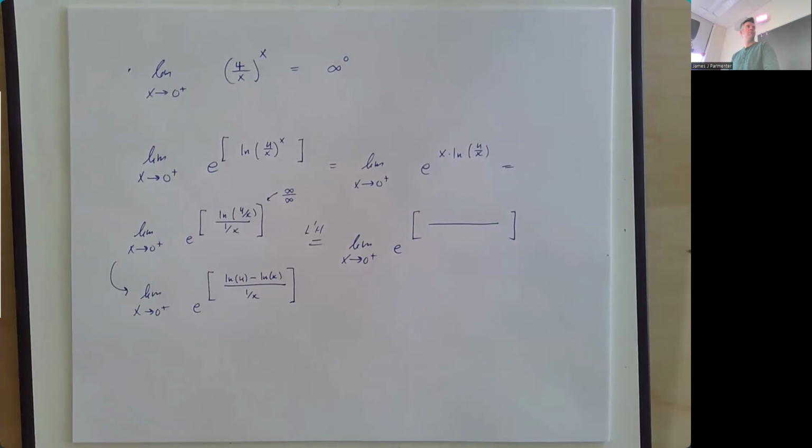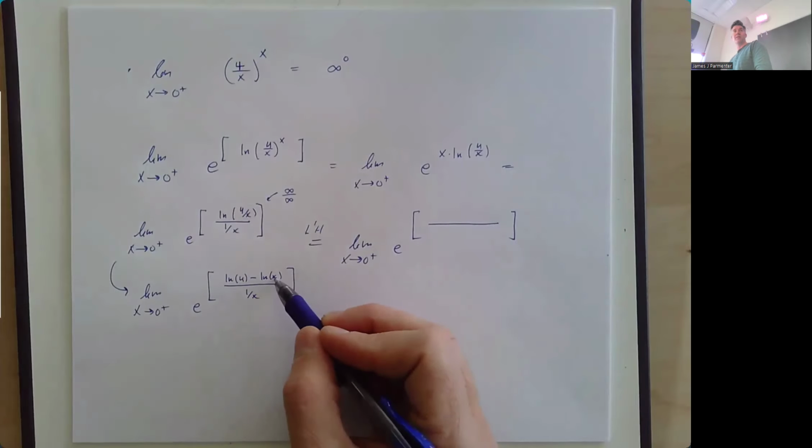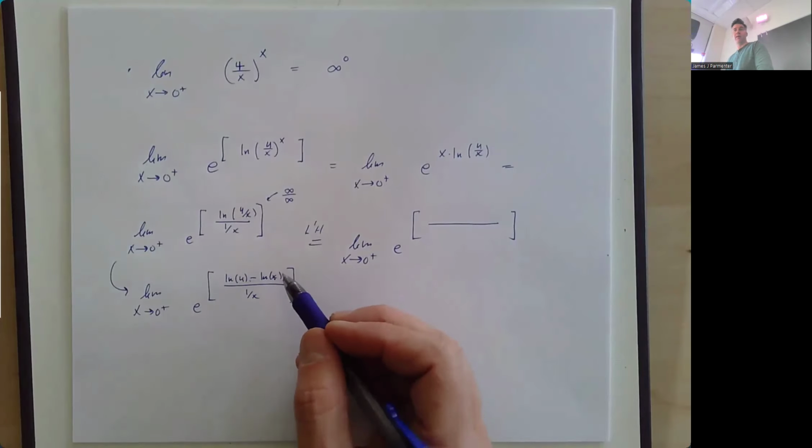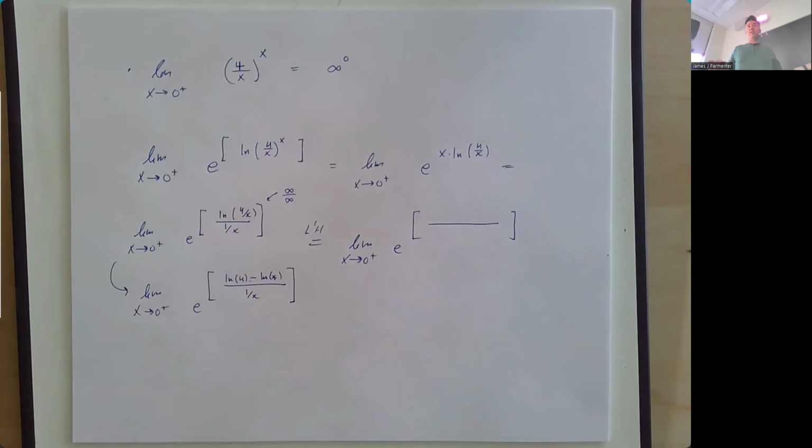Totally valid. Still an infinity over infinity type, because now when x goes to 0, the natural log of 0 goes to negative infinity, and minus negative infinity is still infinity on top. Simplifying something, but not really changing it, shouldn't change what the limit type is.